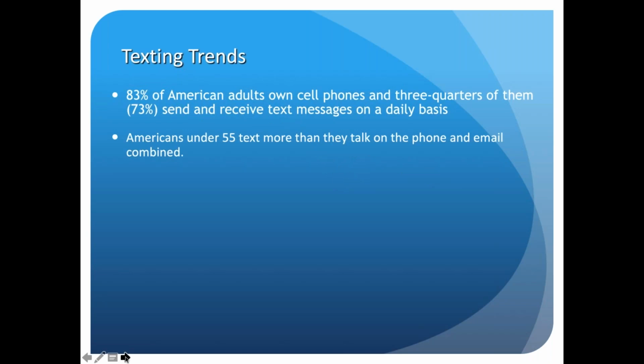Fascinating. According to Pew Research, text is the number one thing we do above all other things. Any of the social media, anything like Twitter or Facebook, we text more than all of it. And how many times do we make voice calls? That's number 6 on the list of the most frequent things we do on our cell phones. So who would have thought that we would be a society that has mobile phones that we take with us wherever we go, and these mobile phones are used for almost all these other things.